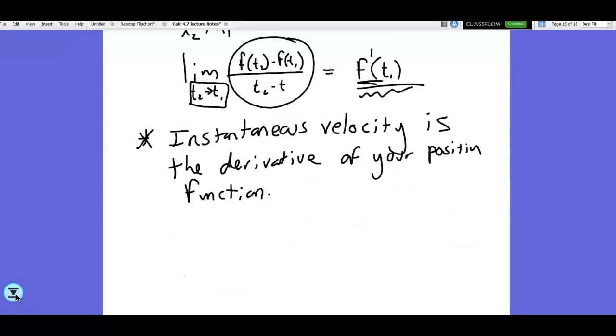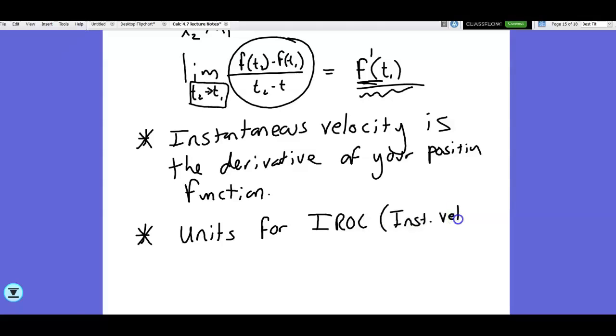Now, whenever you're doing instantaneous rate of change, what's not so obvious is what the units will be. But the units for instantaneous rate of change, or in this case, instantaneous velocity, will be the same thing as average rate of change.